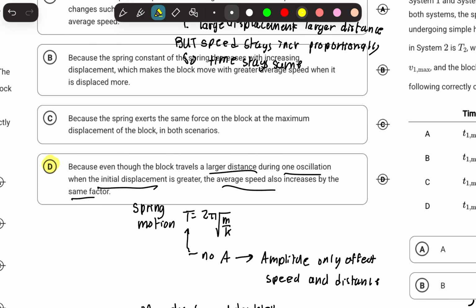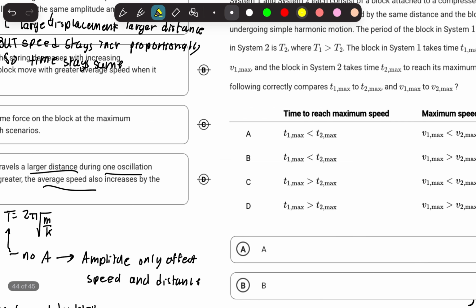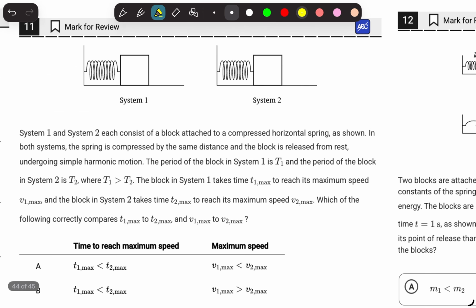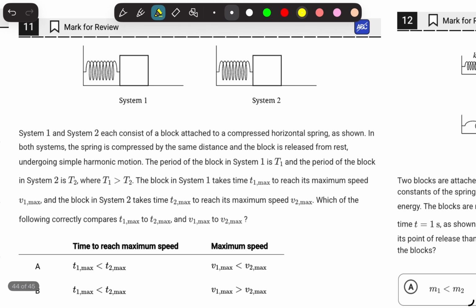Now, let's go on to our next question. Question 11. System 1 and System 2 each consist of a block attached to a compressed horizontal spring as shown. In both systems, the spring is compressed by the same distance and the block is released from rest, undergoing simple harmonic motion.